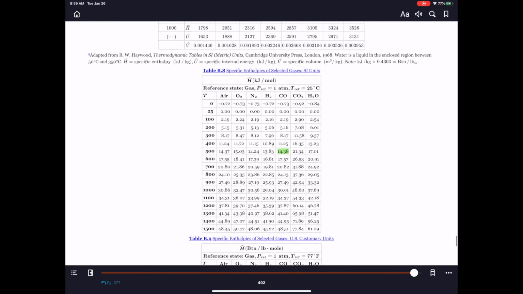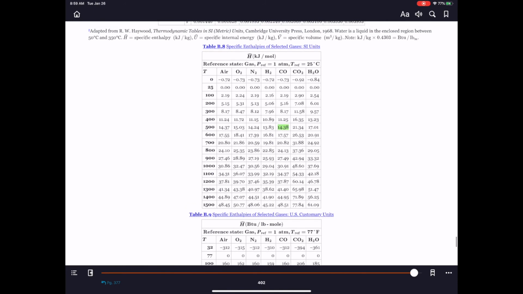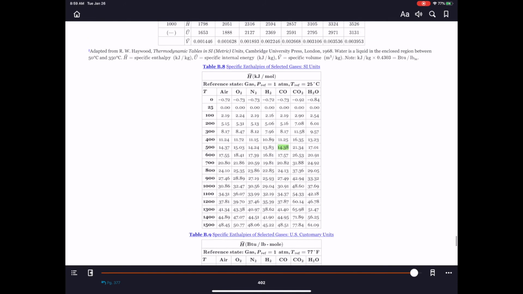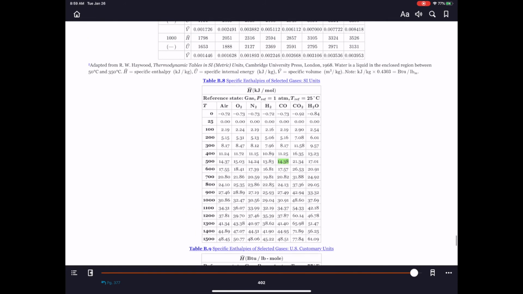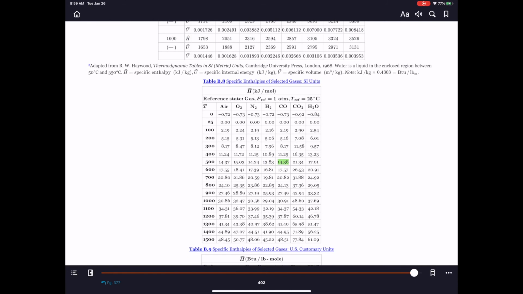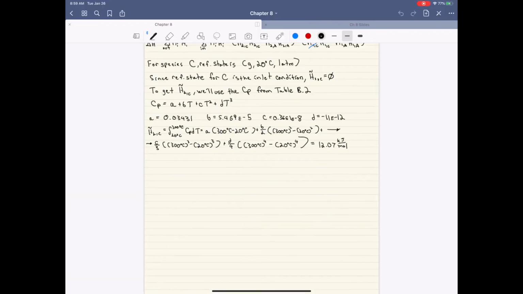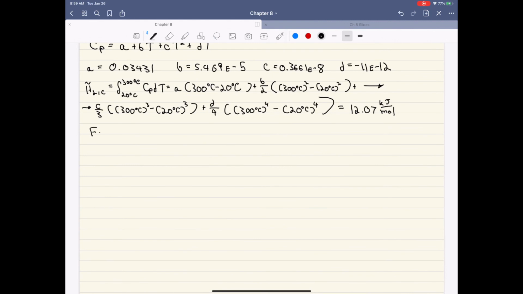But of course, if we use this table, that means we need to use the reference state of this table. Unfortunately, this table gives us that reference state right in the top row there. Right? The reference state is gas, pressure 1 atm, and temperature 25 degrees C. Okay. All right, and so to use this state, for air, I'll write it out.